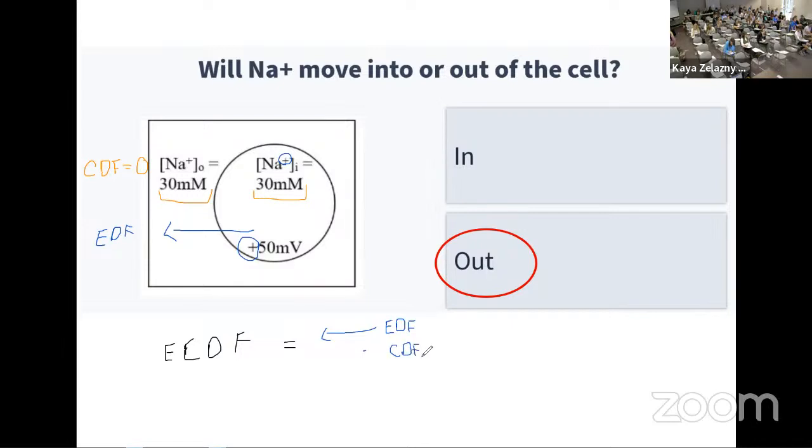So we get an out for our ECDF. And I'm not going to ask you to calculate a direct number on that ECDF. We're going to be comparing which is bigger, which is smaller, but we're not going to worry super much about the exact numbers.